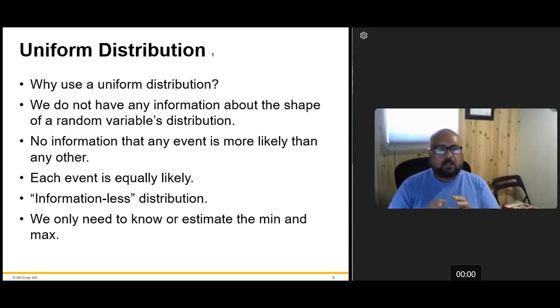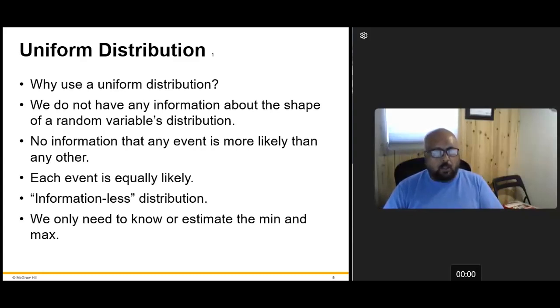So in a uniform distribution, we have a minimum value and a maximum value. The probability is uniformly distributed between these 2 points, and the probability outside of that range is 0. We can also find the mean and standard deviation for this probability distribution.